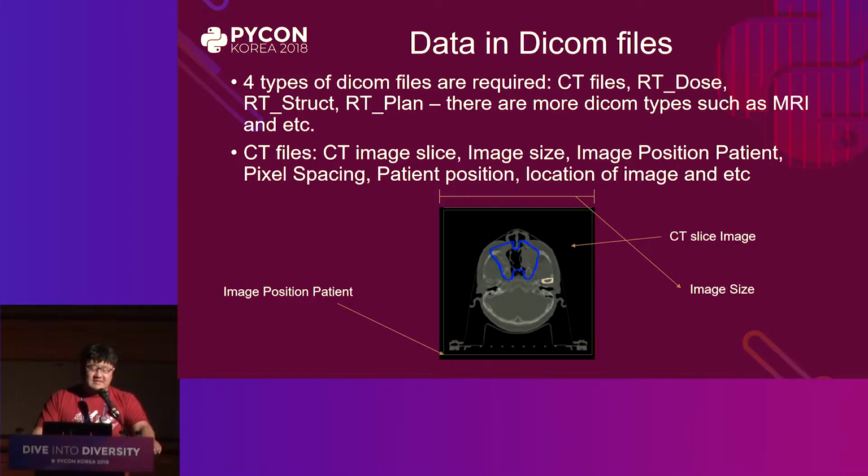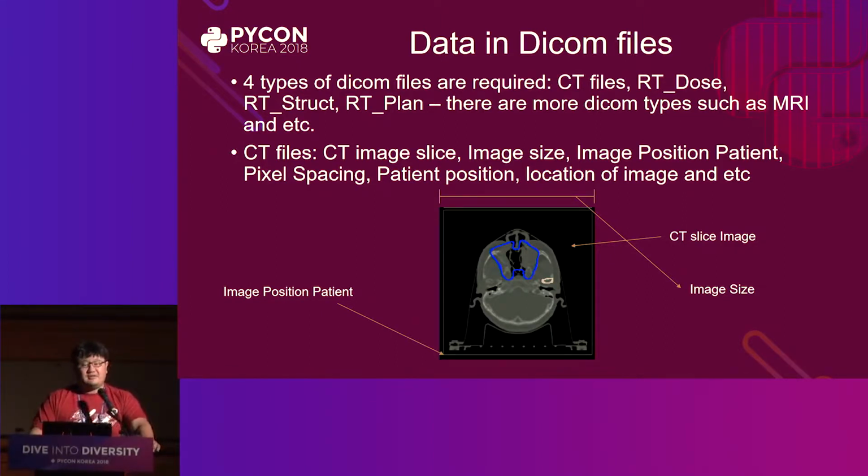So here is an example of the CT file. This is how I read it with PyDICOM for one single patient. We have the CT image slice, which contains all the information of the 2-dimensional array. Also, it contains the image size and the size of the pixel in millimeters. Also, the origin point, which is called the image position patient.